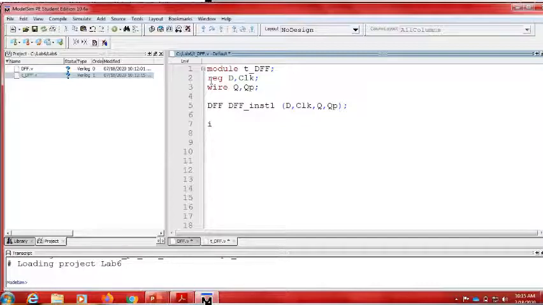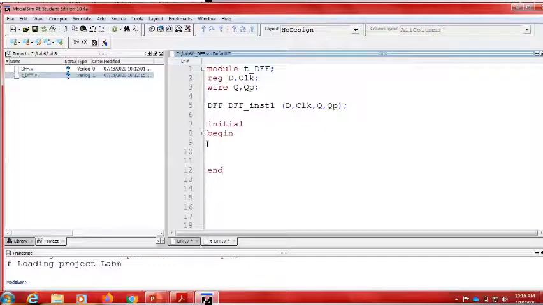I am using the initial block, with begin and end of this first initial block.